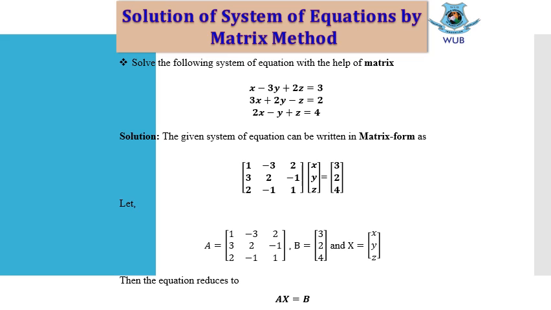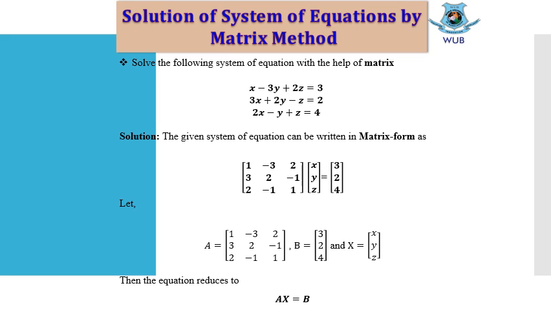That means you have to solve the variable which are x, y, z for this equation, and find out the value of x, y, and z by using matrix method. So let's start, and at first by using matrix method, we can simplify these equations by the following way.